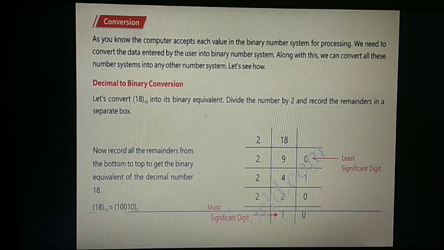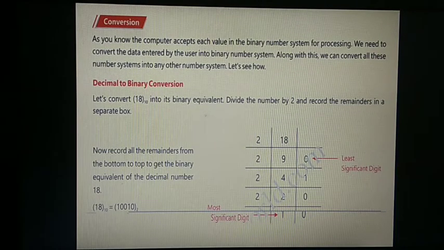Fine. Conversions. As you know, the computer accepts each value in the binary number system for processing. Everyone knows that the computer understands only binary numbers, that is 0 and 1, on and off.